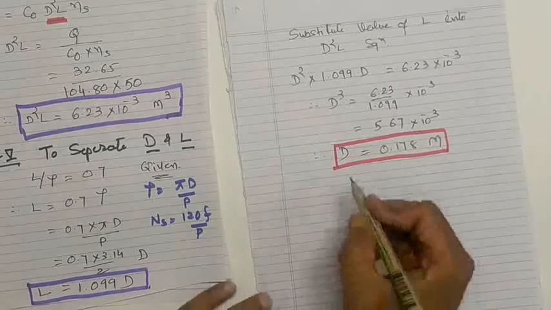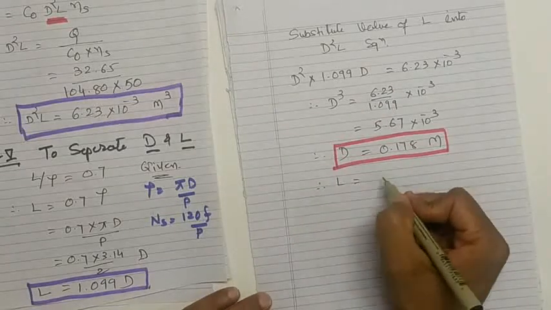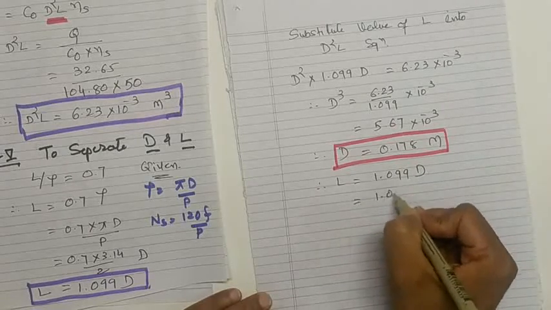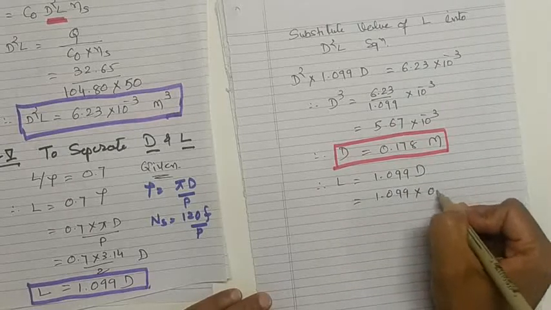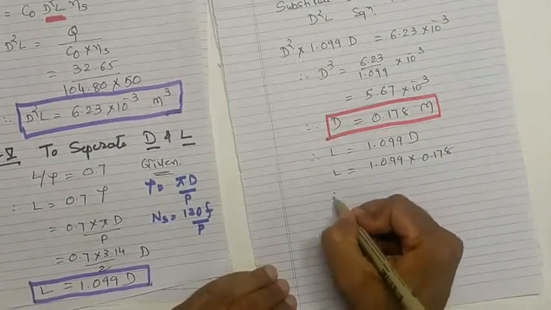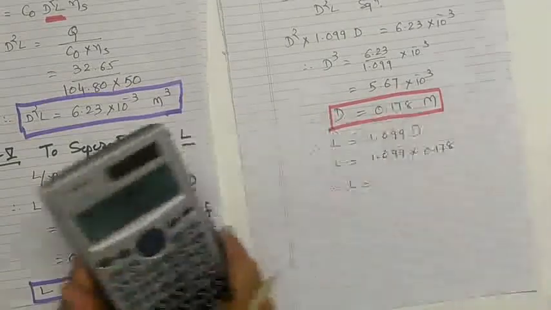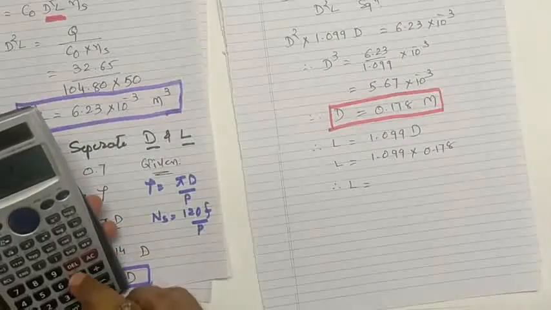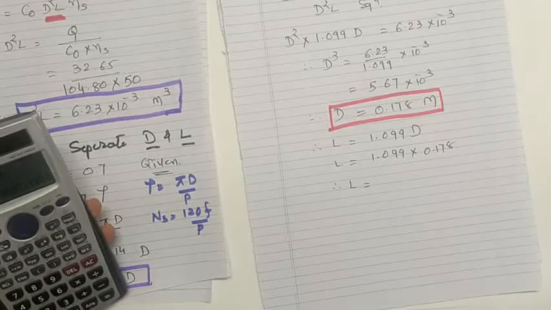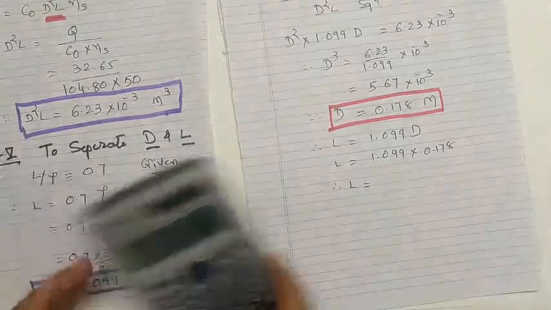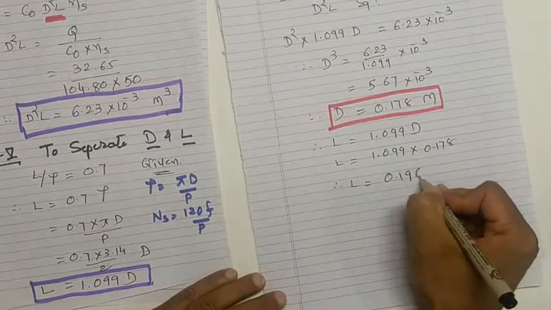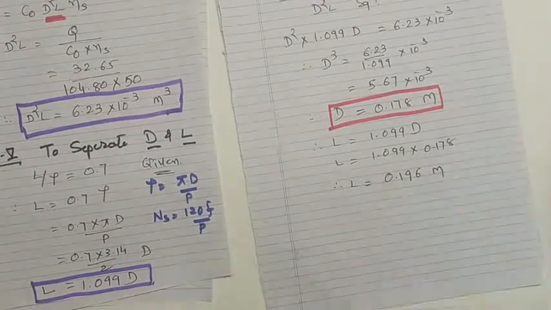Now we know the equation, therefore L is 1.099 times d, 0.178. L is equal to 1.099 times 0.178, then it comes to 0.195 or 0.196 meter.